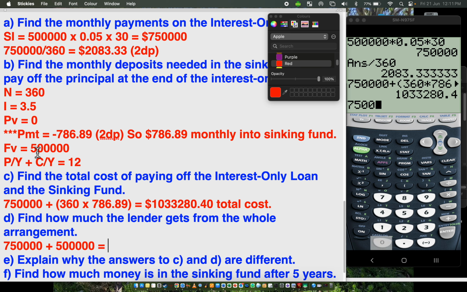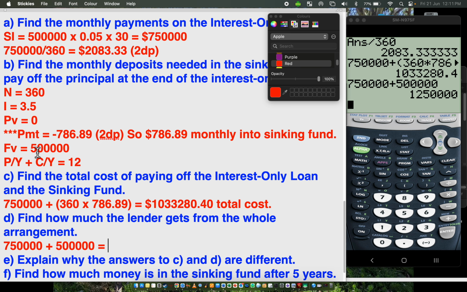So 750,000 plus 500,000, 1.25 million. That's what the lender gets from this arrangement, even though I only actually paid this much. So get this one down, please, to lender.